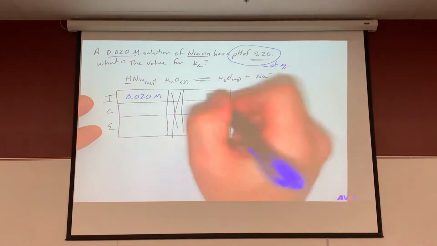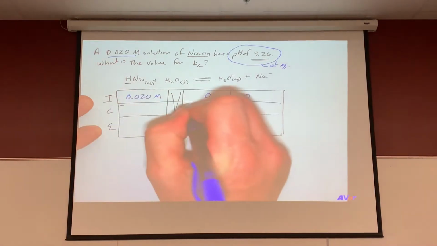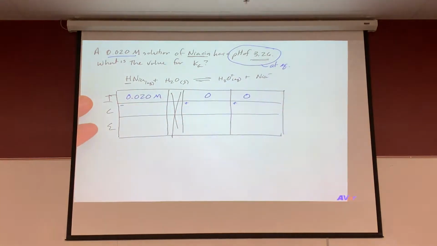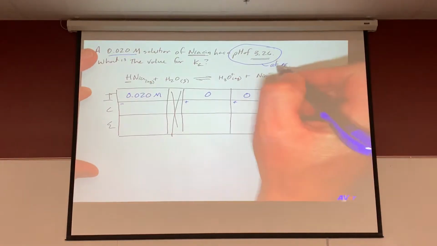So initially you've got 0 and 0. Then for the change, you should be able to say this goes down, those two go up. But you don't know how much, right? So you can put in X's if you want, but here's the thing.